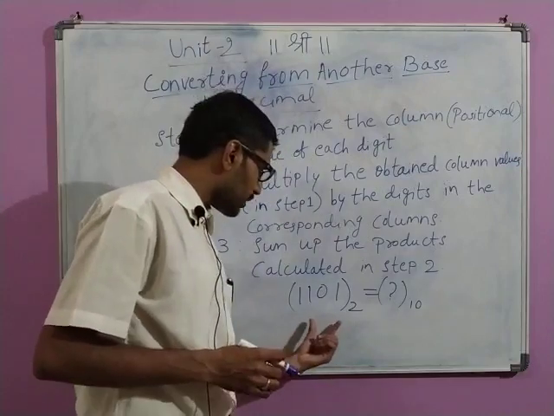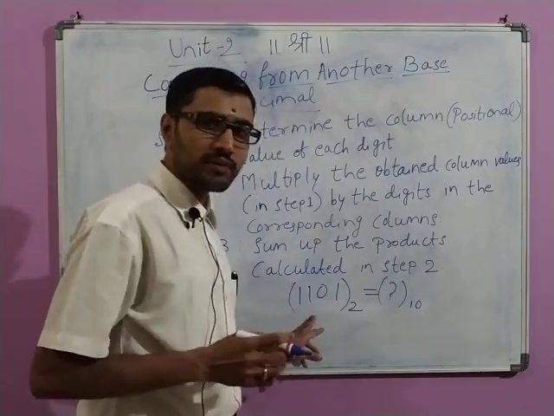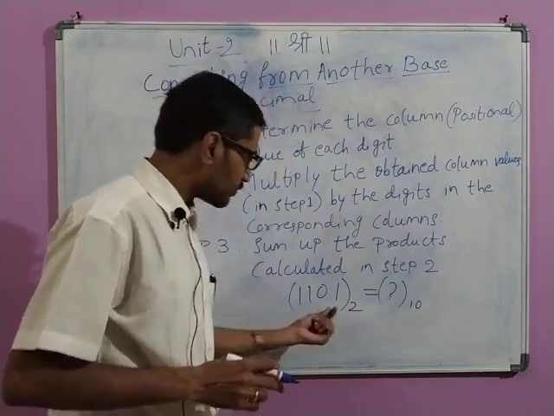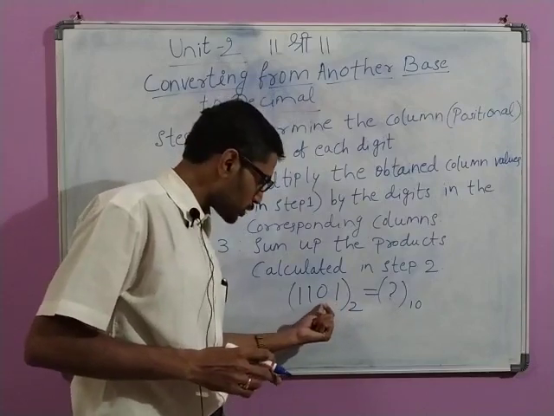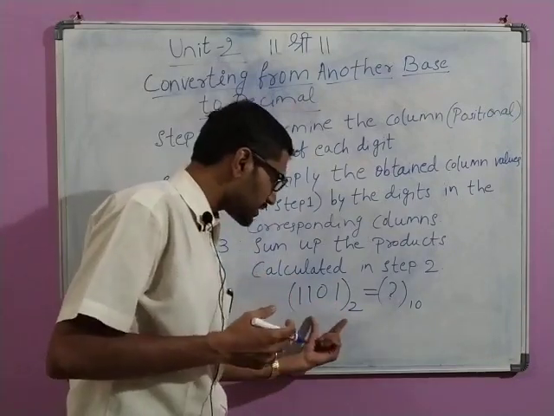Here the base is 2, so what will be the positional value? When the number is in binary, it will be 2 raised to 0, 2 raised to 1, 2 raised to 2, 2 raised to 3 and so on.